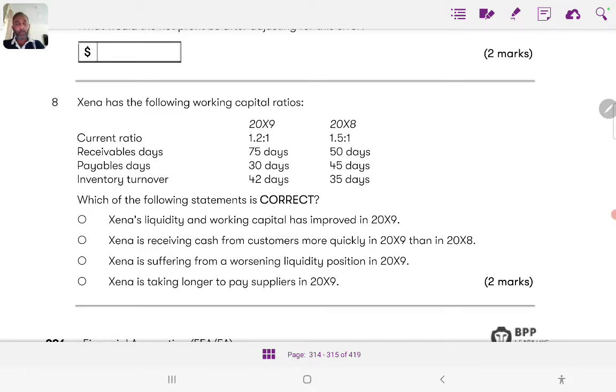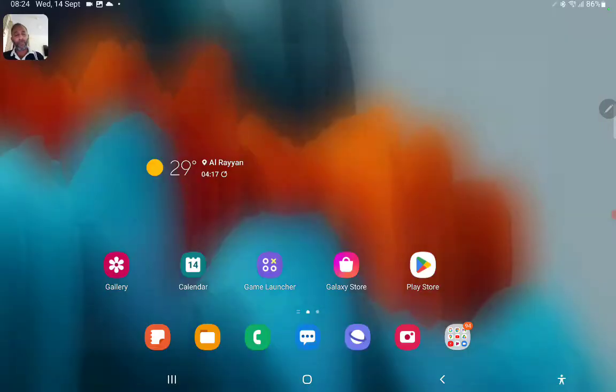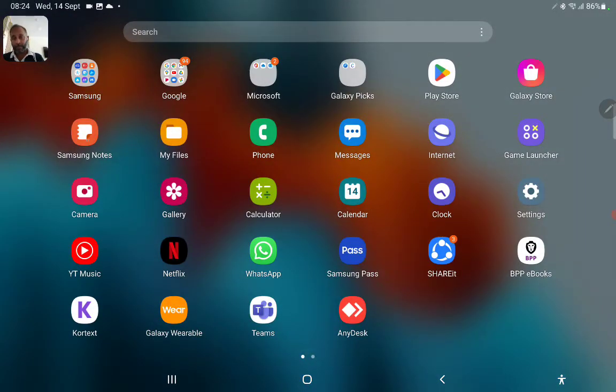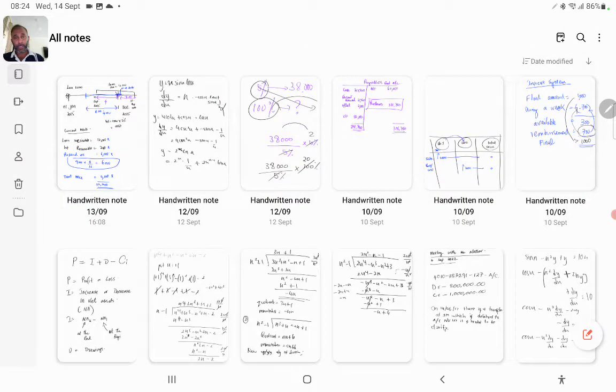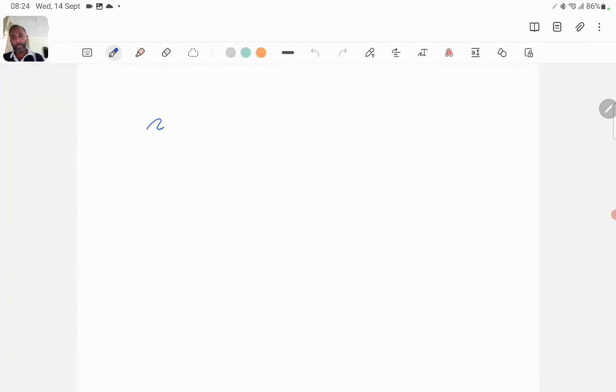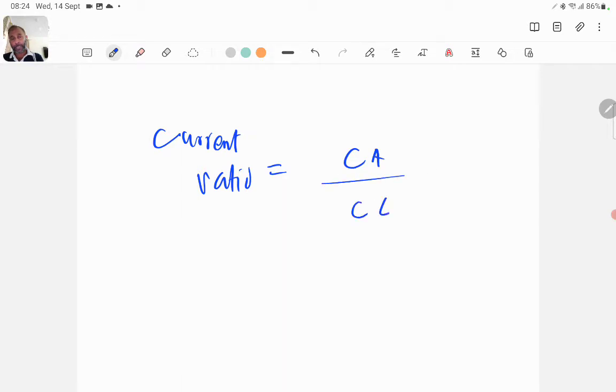The current ratio last year was 1.5 to 1, and currently the current ratio is 1.2 to 1. For someone who is looking at this for the first time, the meaning of current ratio is current assets divided by current liabilities.